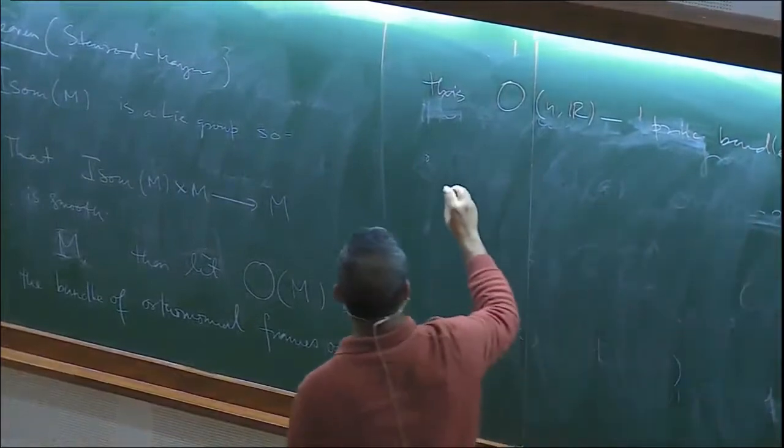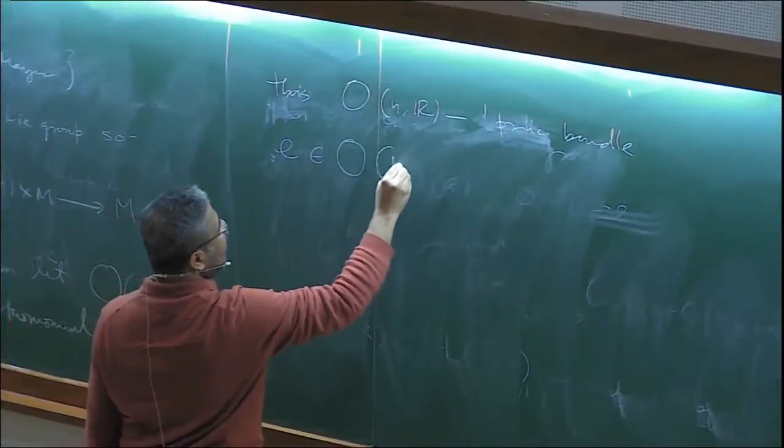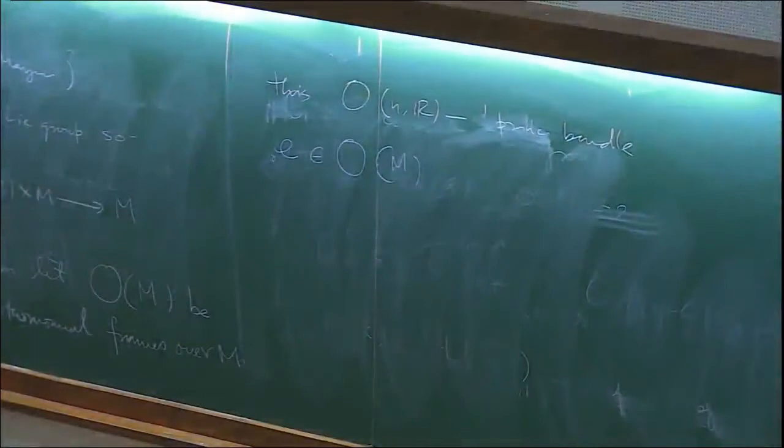And if I choose any point e in this OM, then the isometry acts on OM, so it takes a base to another base. I choose an orthonormal base on the tangent space of a certain point, fix a point and take a base, and then I take the differential of the isometry applied to that element, it takes it to another orthonormal base because this is an isometry.